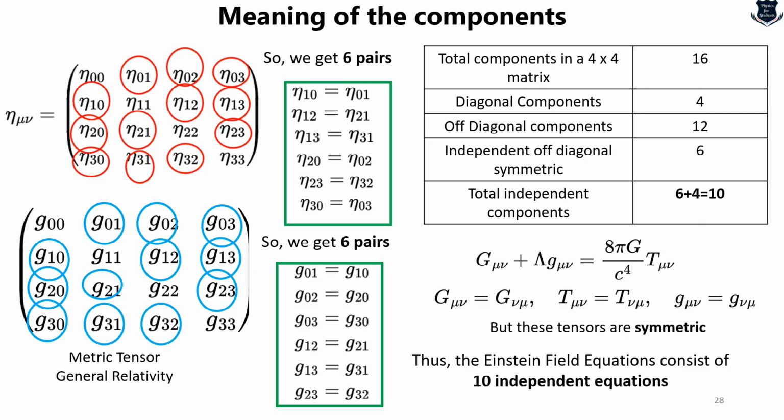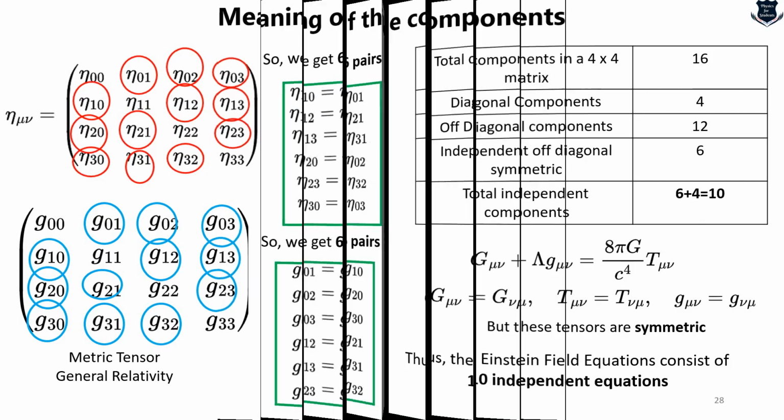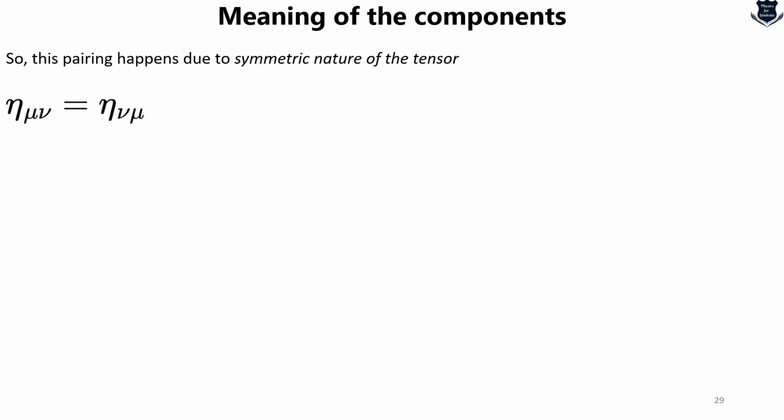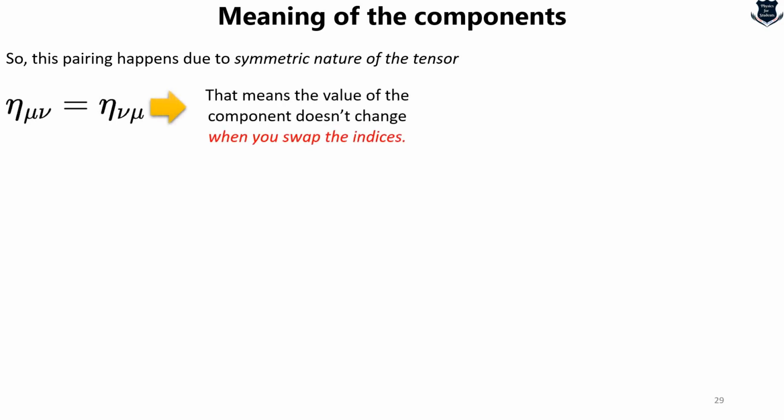Now, what is the meaning of a symmetric tensor? That is a different issue; I will come to that part later. What I was telling is that the pairing happens due to the symmetric nature of the tensor. That means if you swap the indices from mu nu to nu mu, or AB to BA, the values do not change.